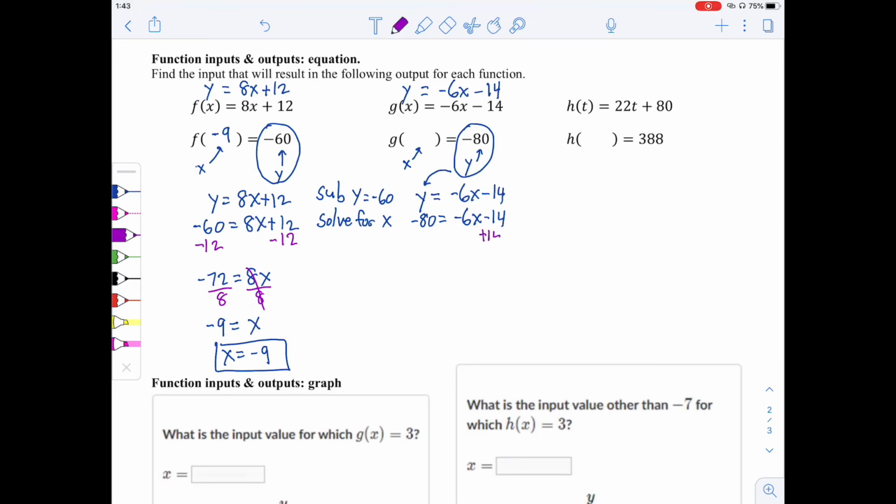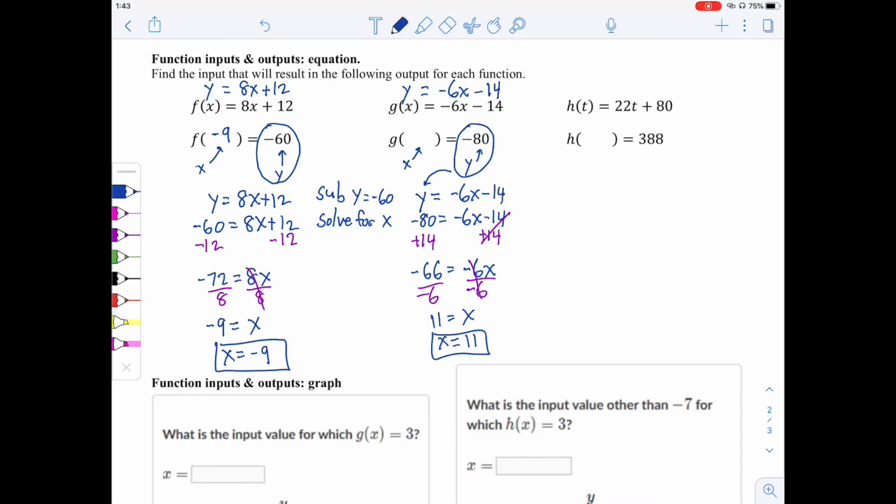So add 14 to both sides. So -80 plus 14, -66 equals -6x. Bring that down. Then we divide by our coefficient, -6. So -66 divided by -6 is +11. X equals 11.